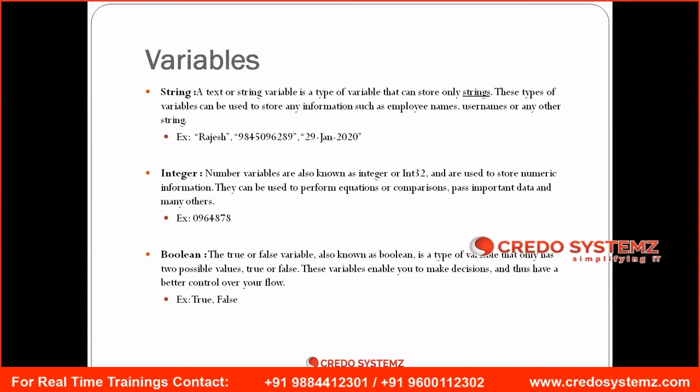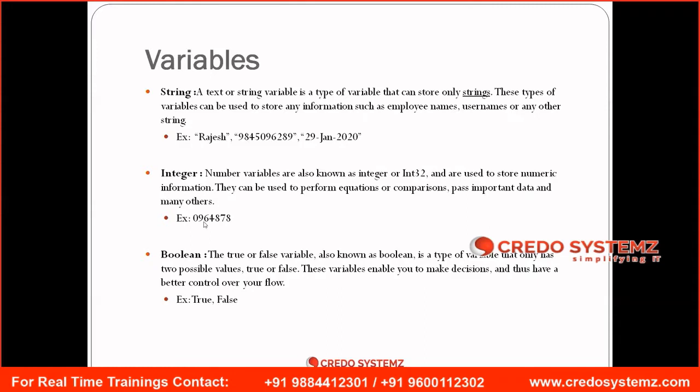Next we have something like integer. Whenever you are dealing with numbers, any kind of numbers inside your data in number format, then you're going to go with integers. So what is the difference between a string and an integer? You are able to store information as numbers here also, and you're able to store information as numbers there also.